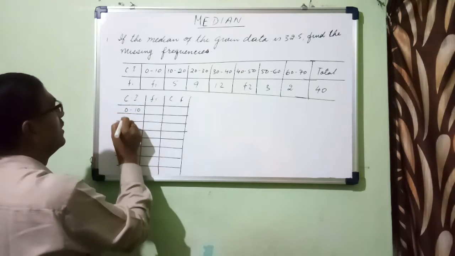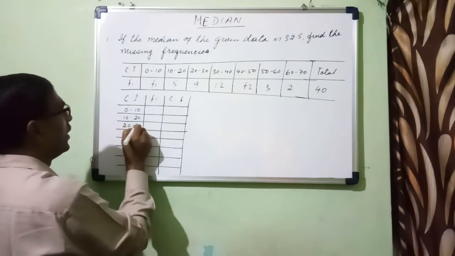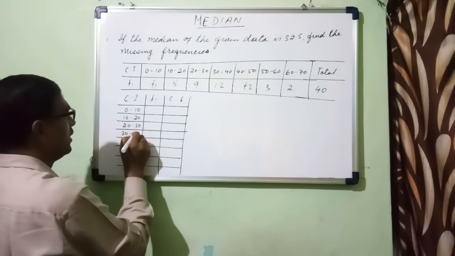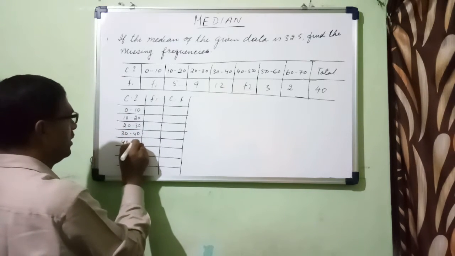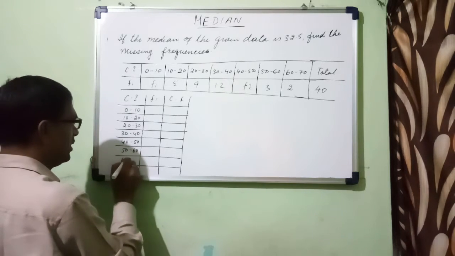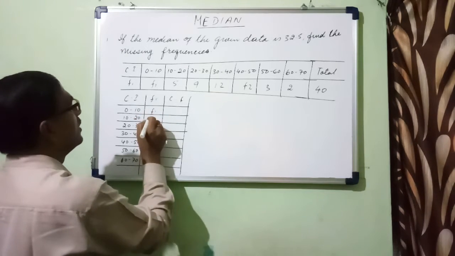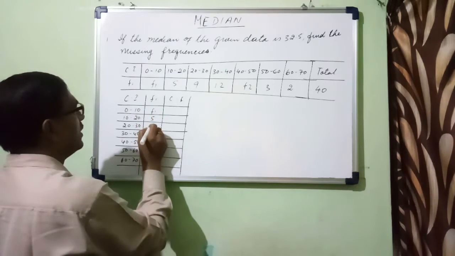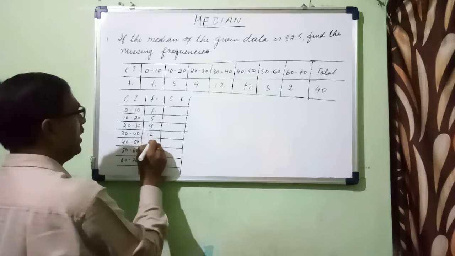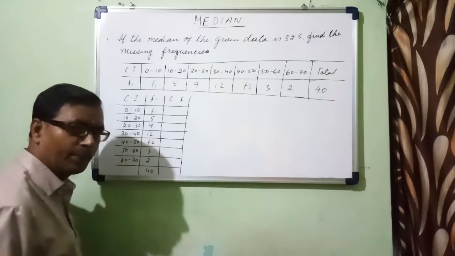The classes are 0 to 10, 10 to 20, 20 to 30, 30 to 40, 40 to 50, 50 to 60, 60 to 70. And the frequencies are F1, 5, 9, 12, F2, 3, 2, and the total is 40.